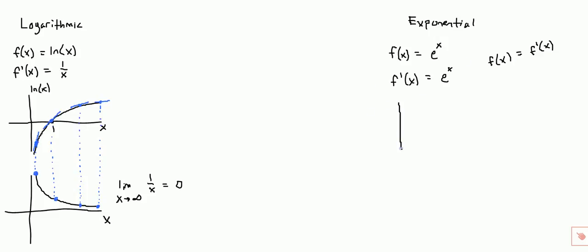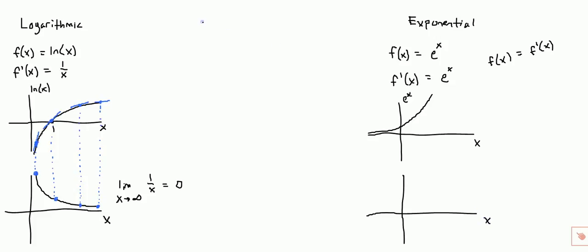So let's look at a graph of e to the x. Okay, so e to the x starts off very small, and it increases very rapidly as x is larger than 0, right? And if we think about the slopes, first I'll just draw in the derivative down here.